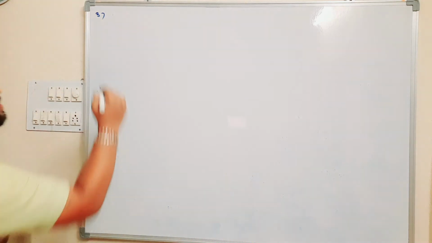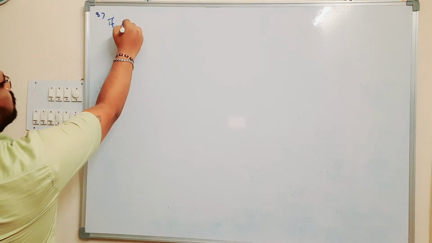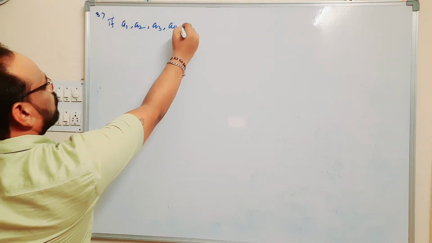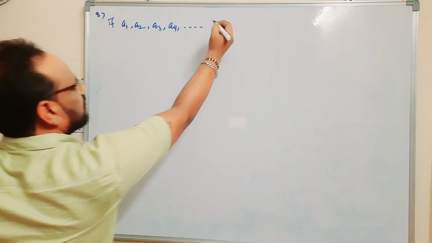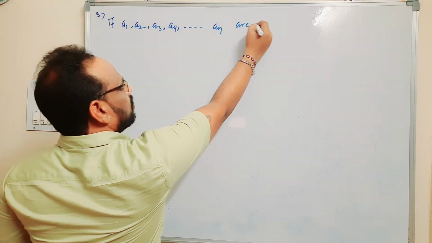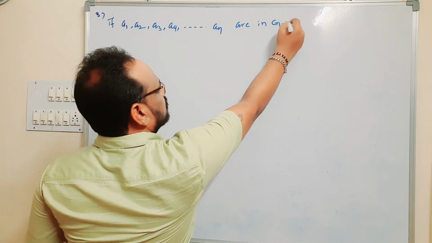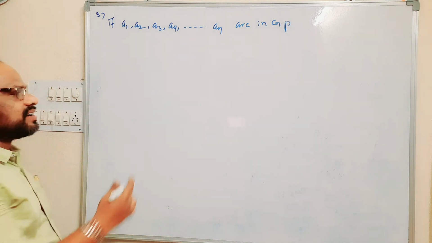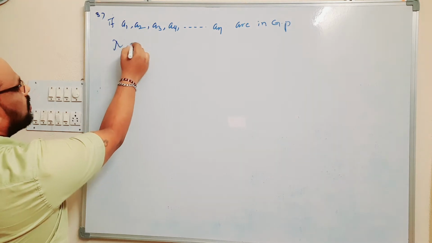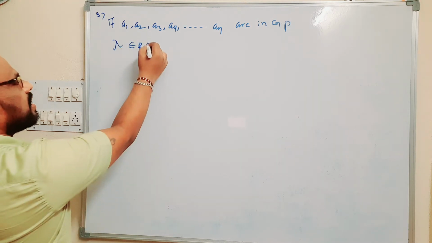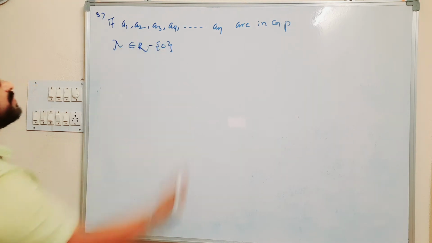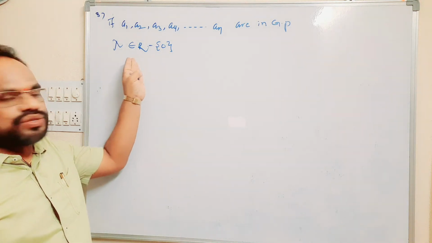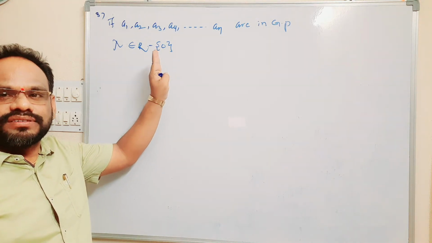Observe here, if a1, a2, a3, a4 and so on, an are in geometric progression, take any constant, that is lambda, which belongs to the real numbers except 0.